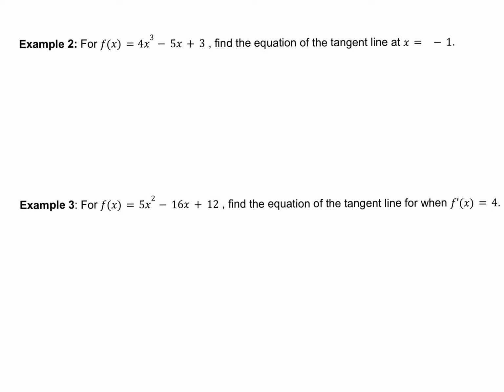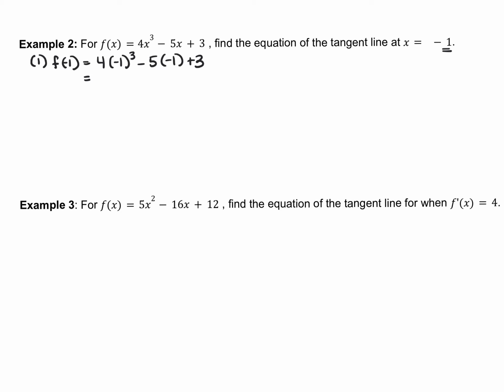Now, I don't have the steps written out for you, but I'll go through them just like we did on the previous slide. So step 1 is using the x value to find the actual ordered pair. All right, so we're going to take f of negative 1 in this case. So that's 4 times negative 1 cubed minus 5 times negative 1 plus 3.